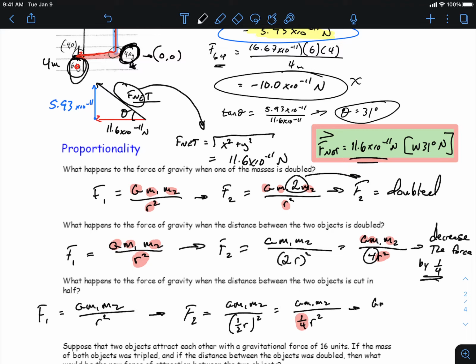And so we're going to have G m1 m2 divided by r squared, but multiplied by 4 over 1. This is the reciprocal of 1/4. Okay, so we can see that force quadruples.